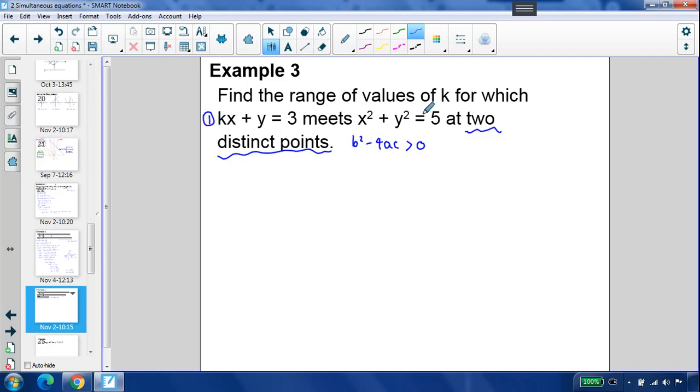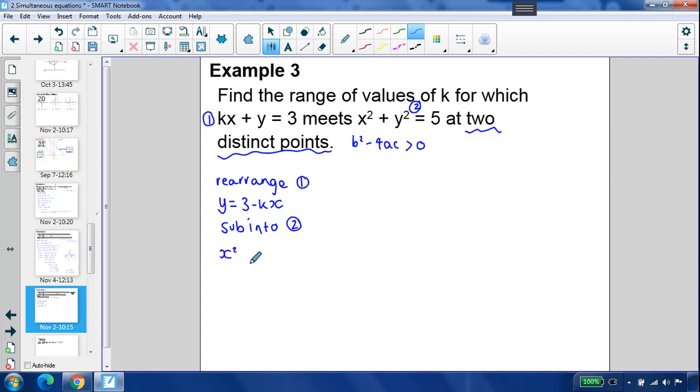So equation 1, equation 2. I've got to rearrange equation 1 first. So I'll make y the subject and move the kx over. Then I'm going to substitute it into equation 2.